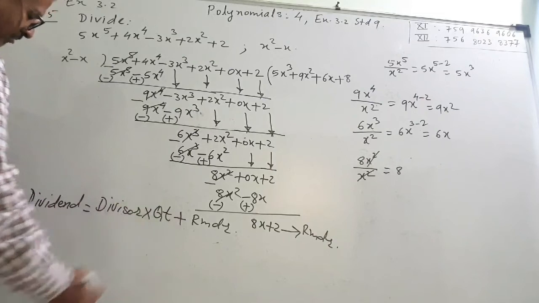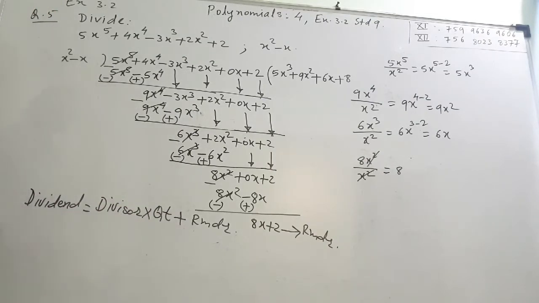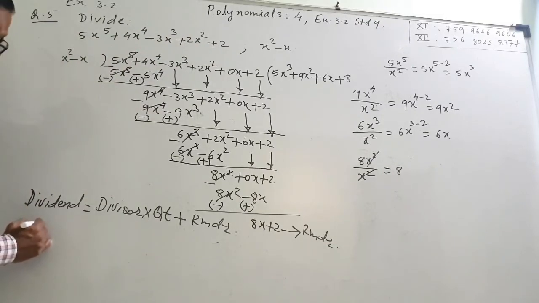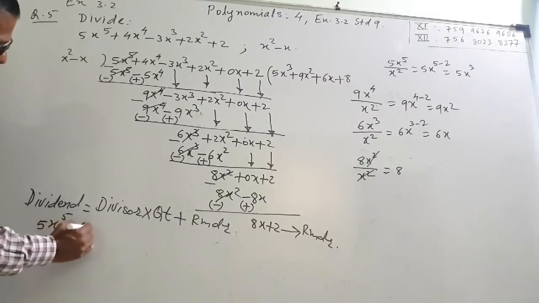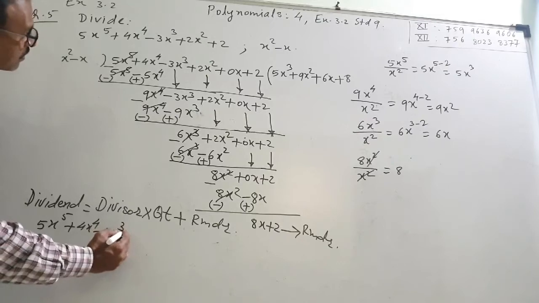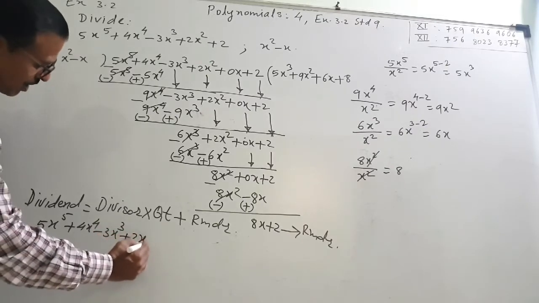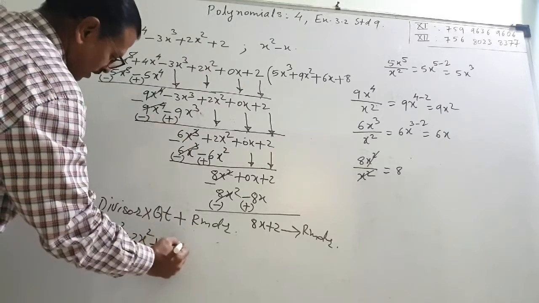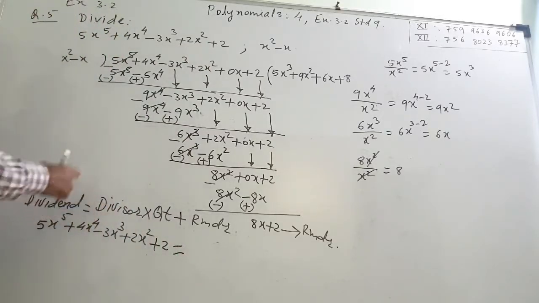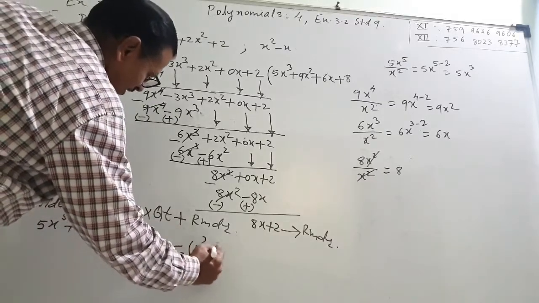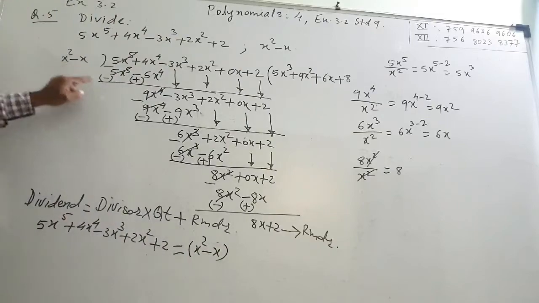QT means quotient. What is dividend? This is the dividend. So 5x raised to 5 plus 4x raised to 4 minus 3x cube plus 2x square plus 2 is equal to divisor. Divisor is this, x square minus x, into quotient.